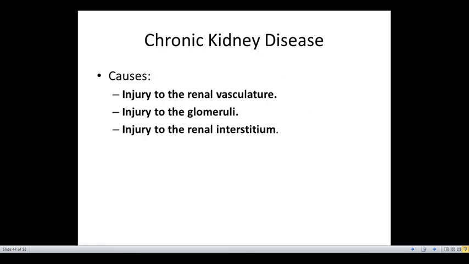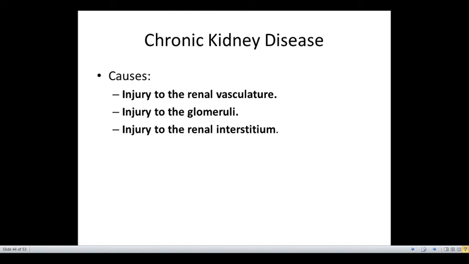The causes of chronic kidney disease can be classified into three main categories. Number one, injury to the renal vasculature. Number two, injury to the glomeruli.